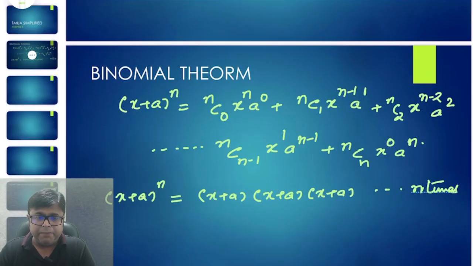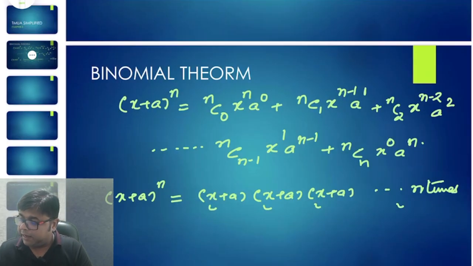Now when I multiply, I take one term from each bracket. Suppose I take all the x from all the brackets, so I will be getting x to the power n. But just to generalize, there are n brackets.